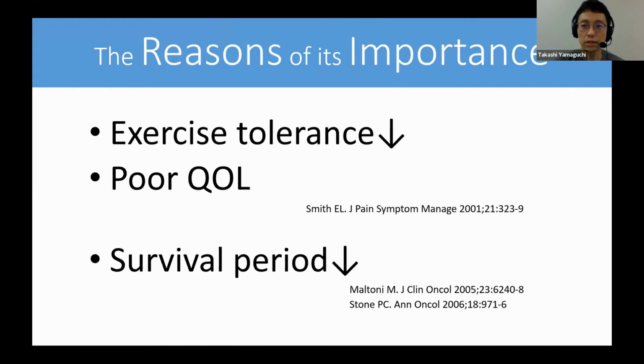In addition, cancer patients who have dyspnea suffer from poor exercise tolerance, and they show poor quality of life. Having dyspnea is also related to poor prognosis in cancer patients.